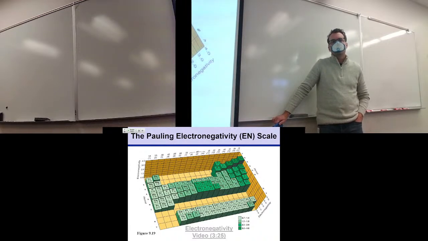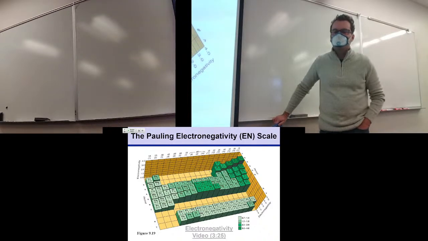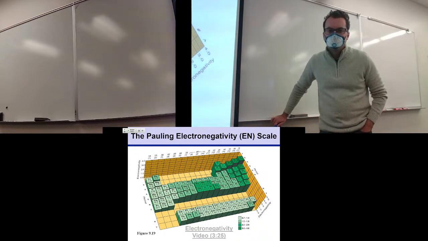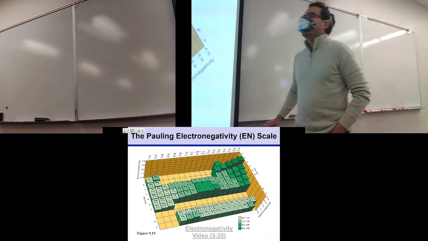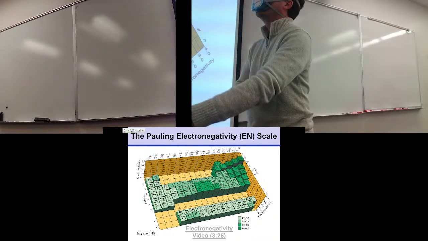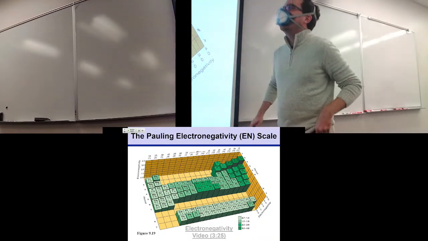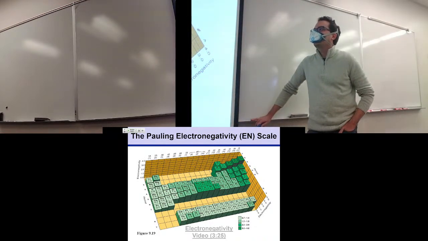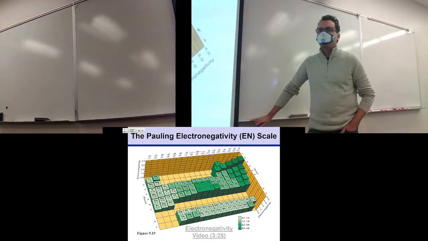On the periodic table, iron, cobalt, and nickel are all in the same category, and they all have pretty similar electronegativities. What is the rationale? Is there a connection? Generally, the groups were formed because of similar properties.